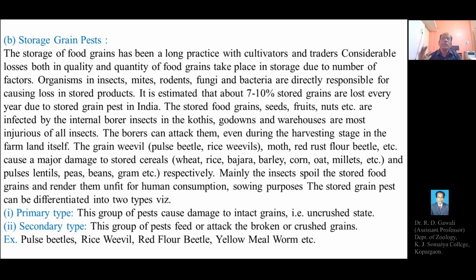This results in the complete spoilage of the food grains, making them unfit for human consumption or even sowing purpose or seed purpose.